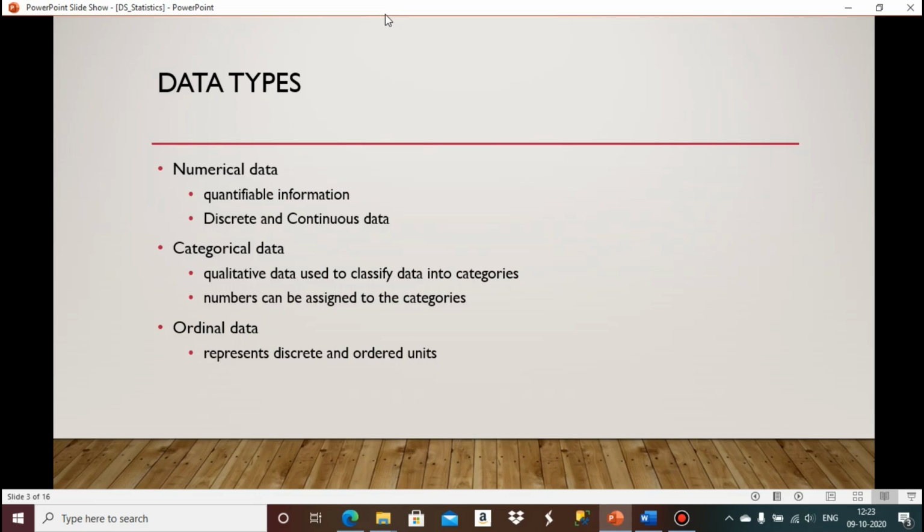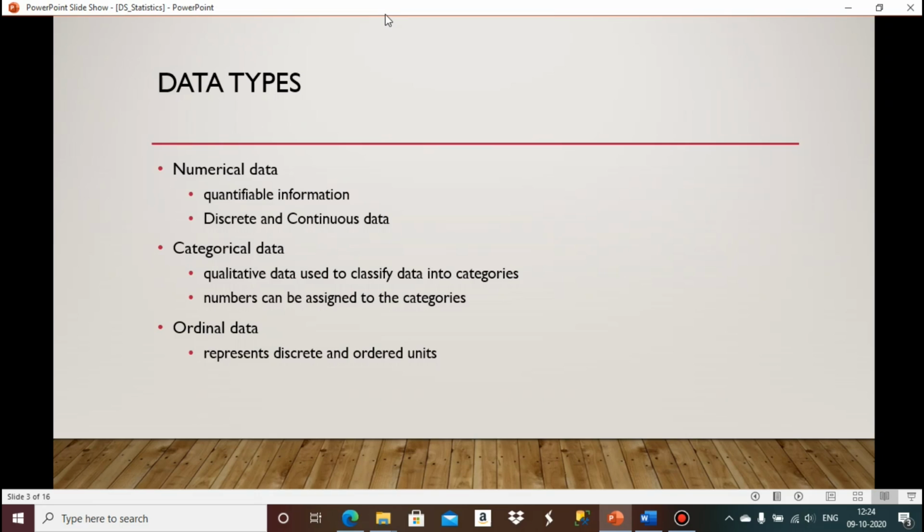The third is ordinal data. Ordinal data is also like categorical data, but here the categories have some significant order. The order has some meaning here. Say it is the movie rating. Suppose the possible movie ratings are 1, 2, 3, 4 to 5.